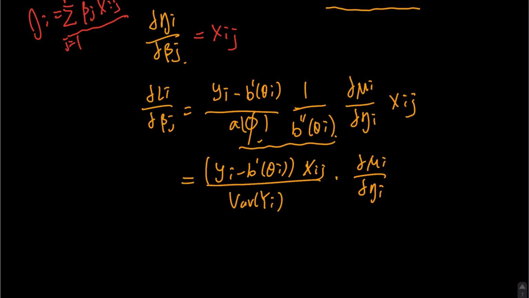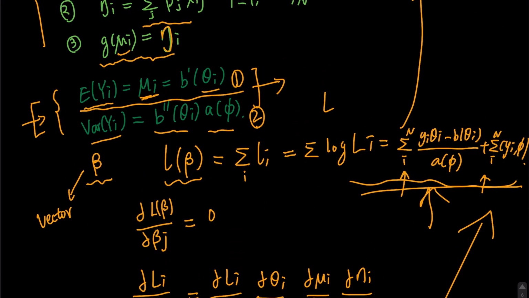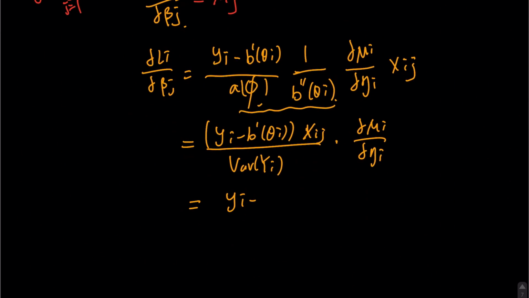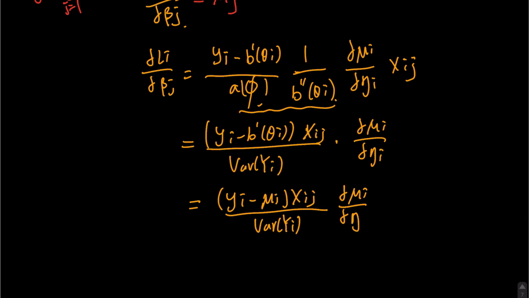Also, if you don't like this b prime theta_i, you can substitute it by mu_i according to equation 1. So (y_i - mu_i) x_ij over variance y_i times d mu_i d eta_i.